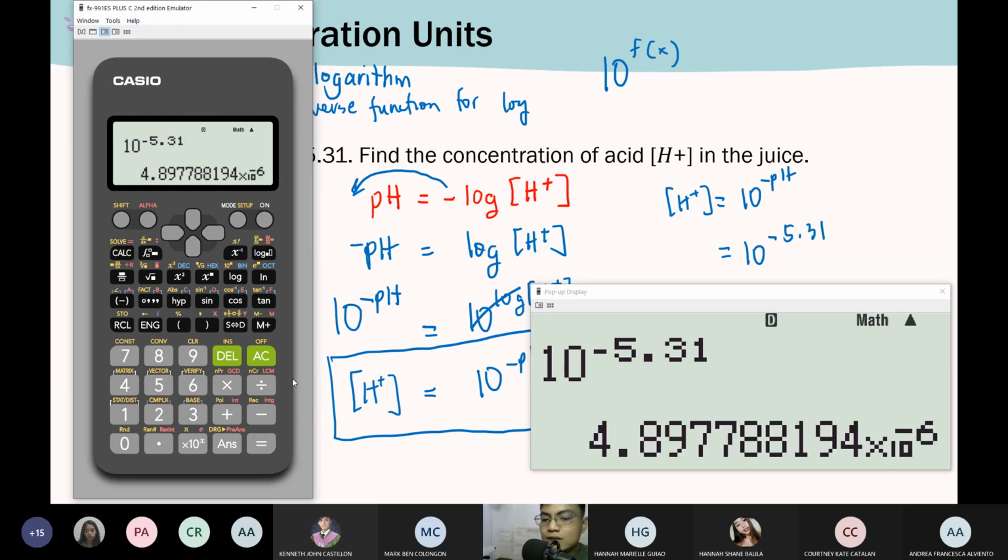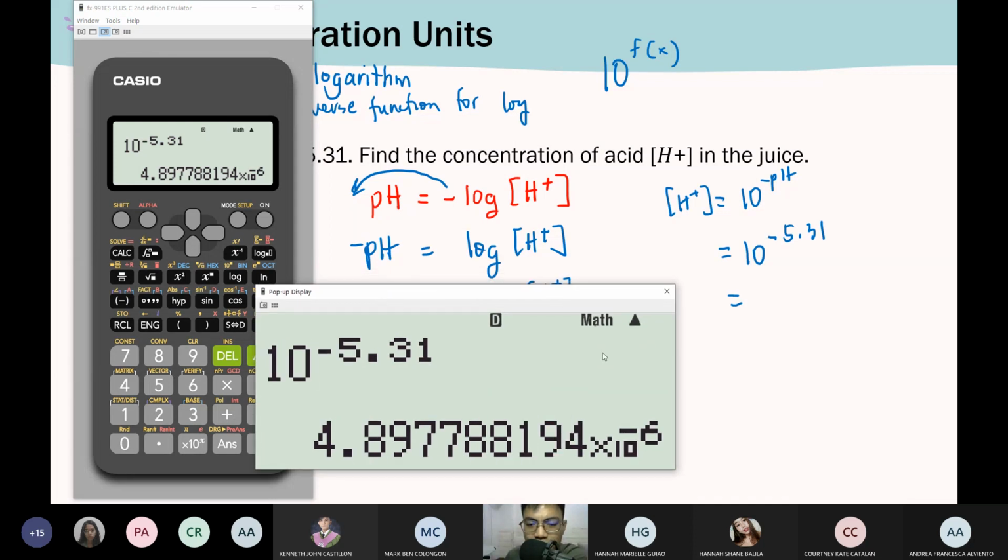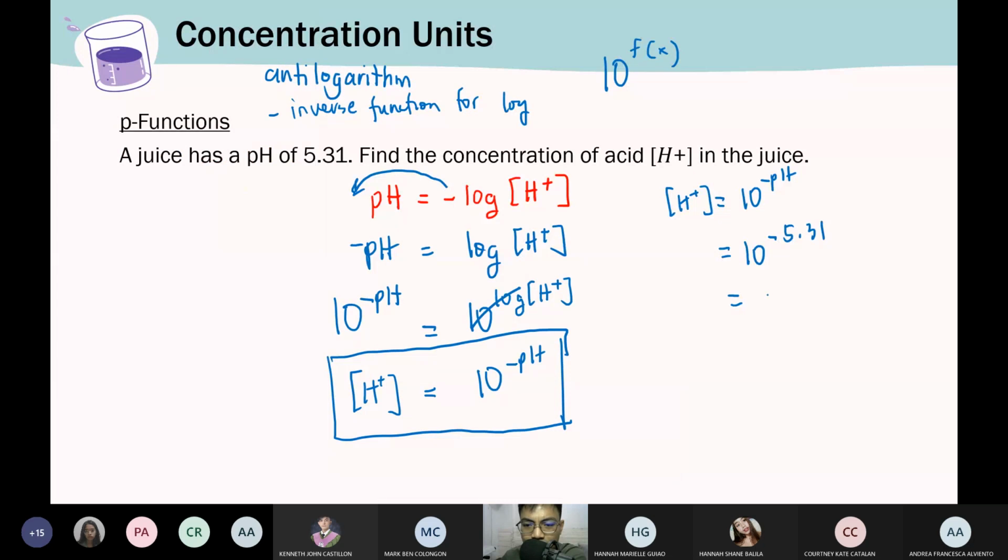The answer is this. 4.8978 times 10 raised to negative 6. Gawin na natin 4.90 times 10 raised to negative 6.